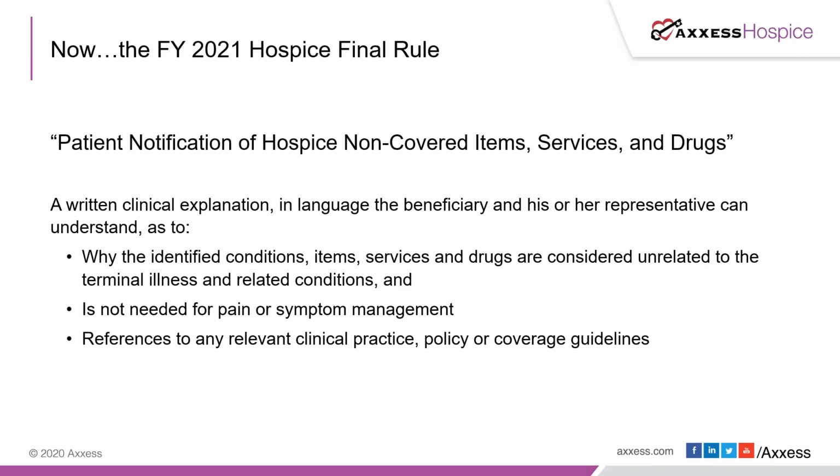As hospice providers, we have to provide a written clinical explanation in a language that the beneficiary and his or her representative can understand as to why the identified conditions, items, services, and drugs are considered unrelated to the terminal illness and related conditions, and why these are not needed for pain and symptom management, and provide references to any relevant clinical practice, policy, or coverage guidelines. So that's where we are now.